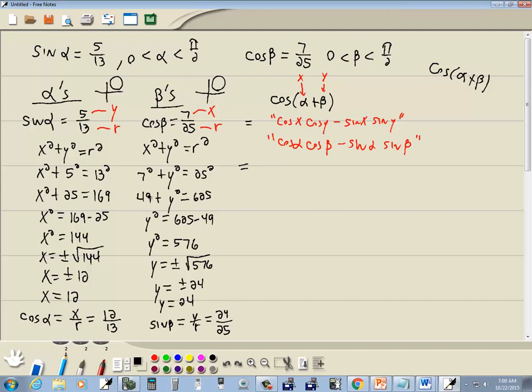So we know these items. Cosine alpha is 12 over 13 times cosine beta, and cosine beta was 7 over 25, minus sine alpha. Sine alpha is 5 over 13 times sine beta, which is 24 over 25.